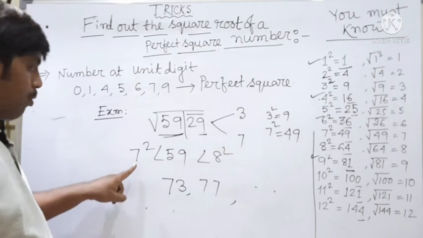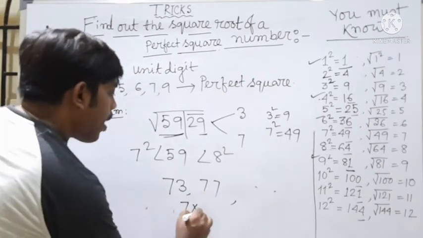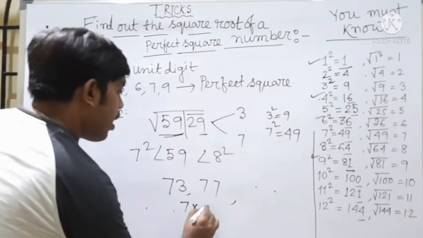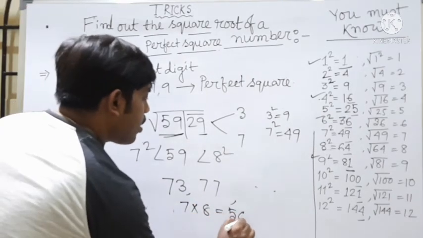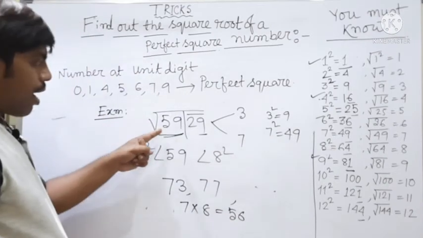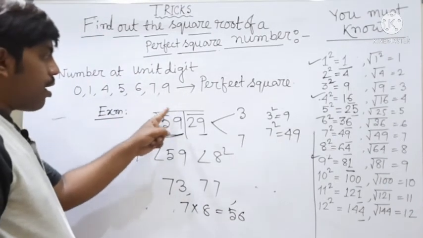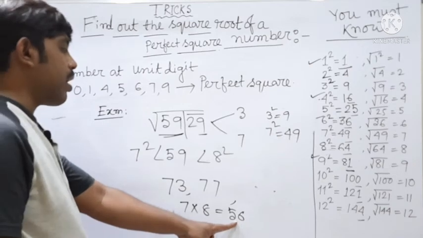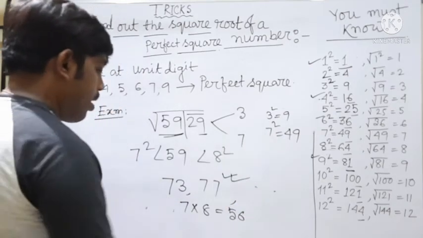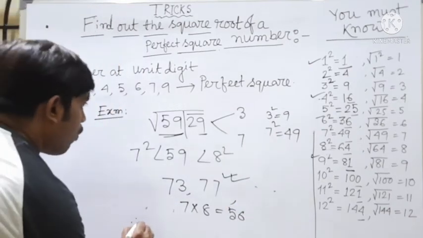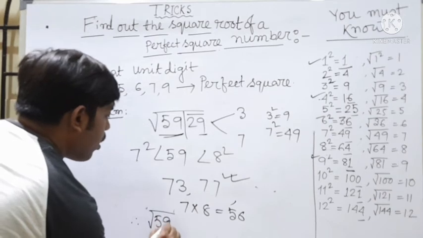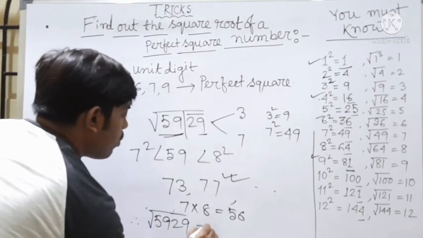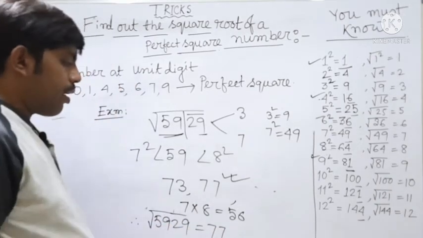We take the smaller number and multiply it with its next number, that is 8. It will be 56. Okay, and here you can see 59 is greater than 56. Therefore we take 77. Therefore we write the square root of 5929 is equal to 77.